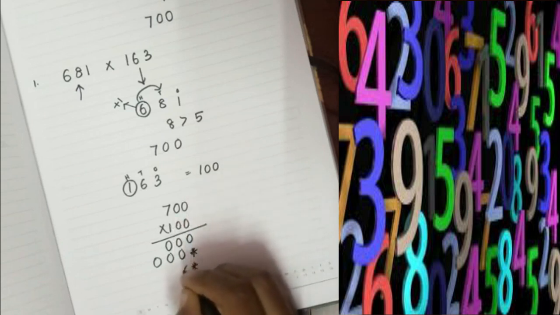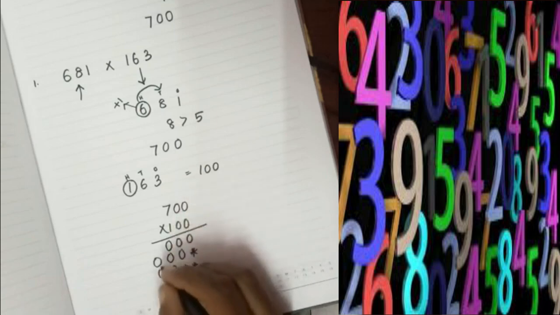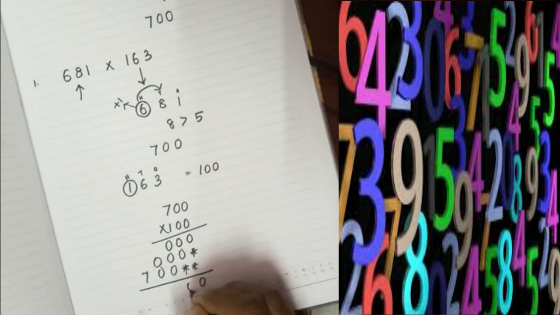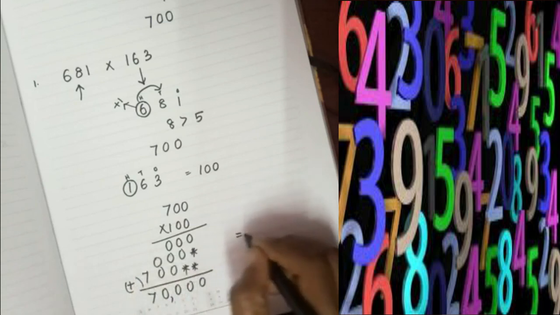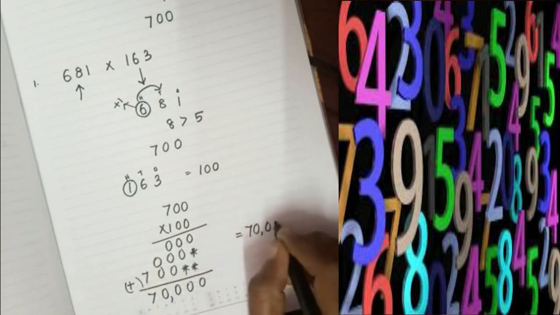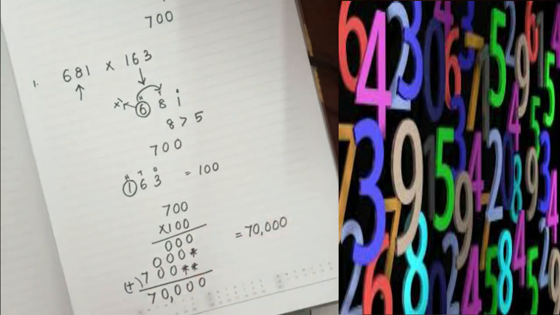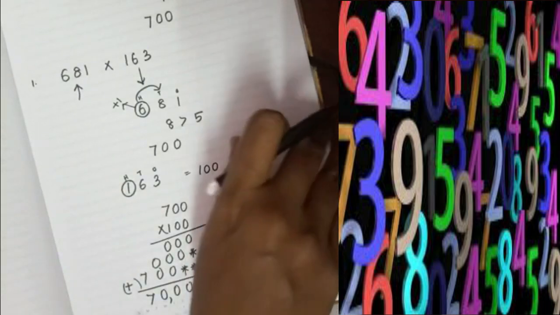So 2 gaps: 1 zero is a 0, 1 zero is a 0, 1 seven is 7. Add everything. If you add, you will get 70,000 as the answer. Did you all understand? So I think everyone understood.